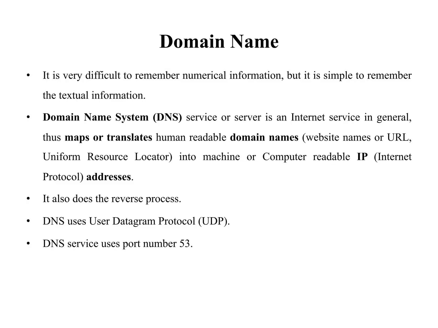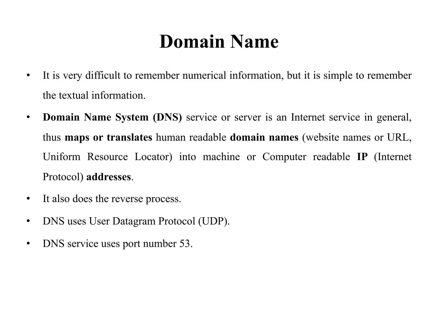It is a server, an internet service in general, that maps or translates human readable domain names, website name or URL, URL means Uniform Resource Locator, into machine or computer readable IP address. It also does the reverse process, and it uses the UDP, user datagram protocol, and the service uses port number 53.